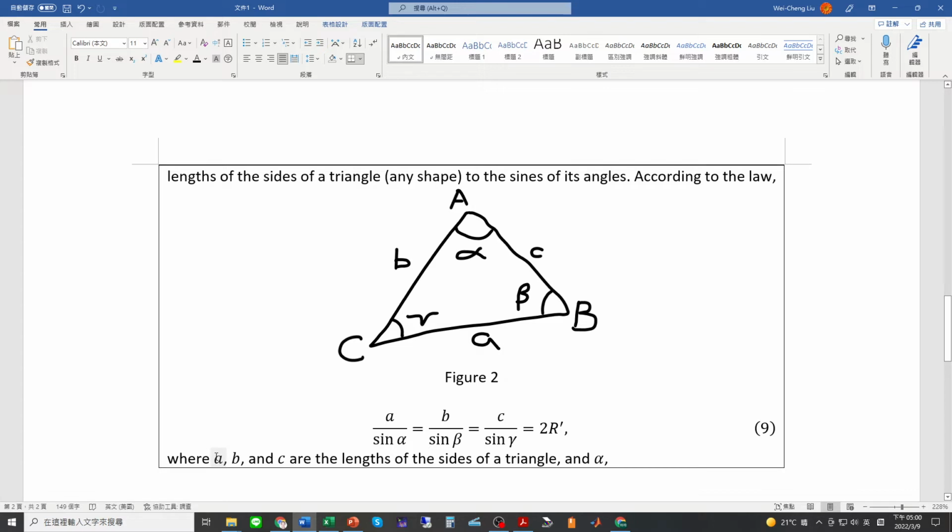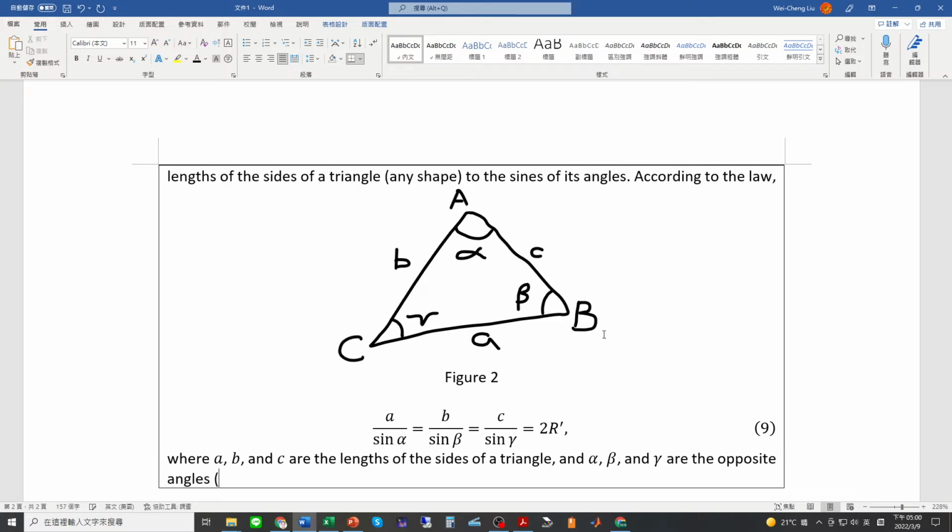Here, small a, small b, and small c are the lengths of the sides of a triangle, and alpha, beta, and gamma are the opposite angles. See figure 2.